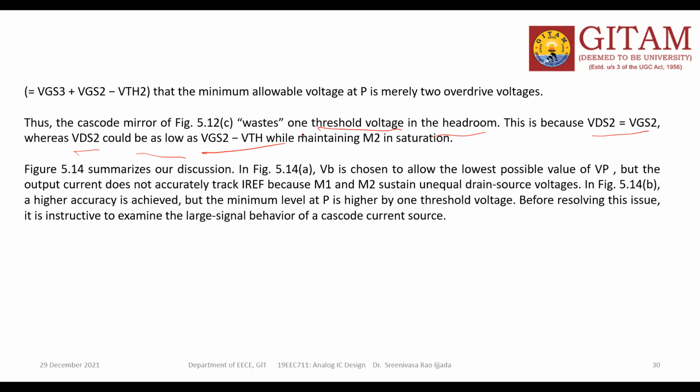But anyhow, M2 should be in saturation, because in the current mirror circuit, all must be in saturation. Otherwise, we cannot do the analysis.